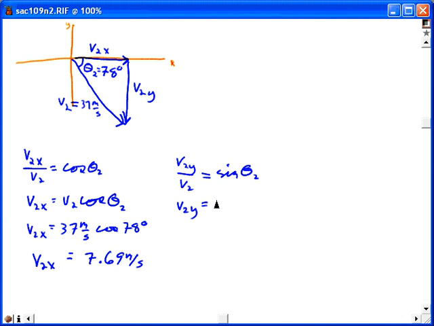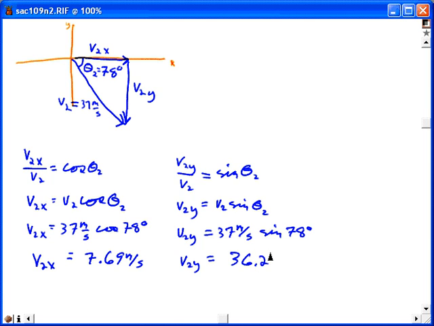V2y is V2 sine of theta 2, which is 37 meters per second times the sine of 78 degrees, and to 3 sig figs, that is 36.2 meters per second.